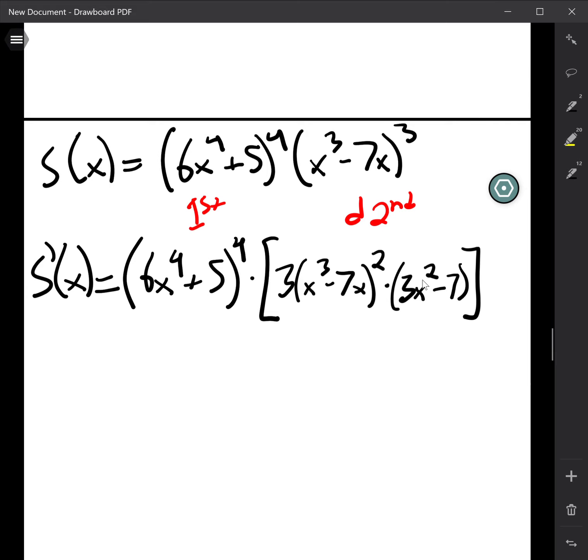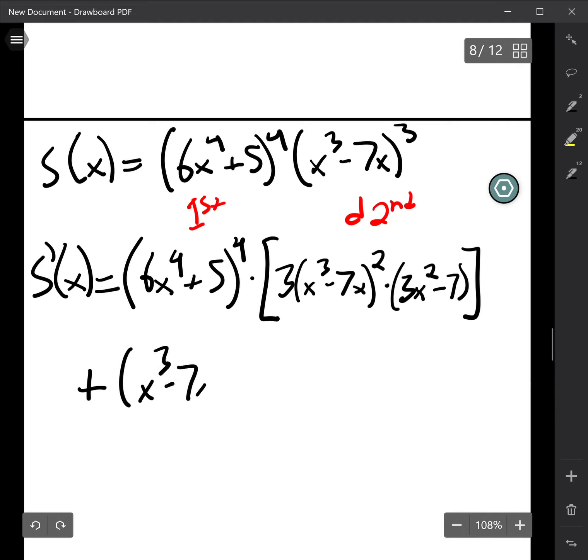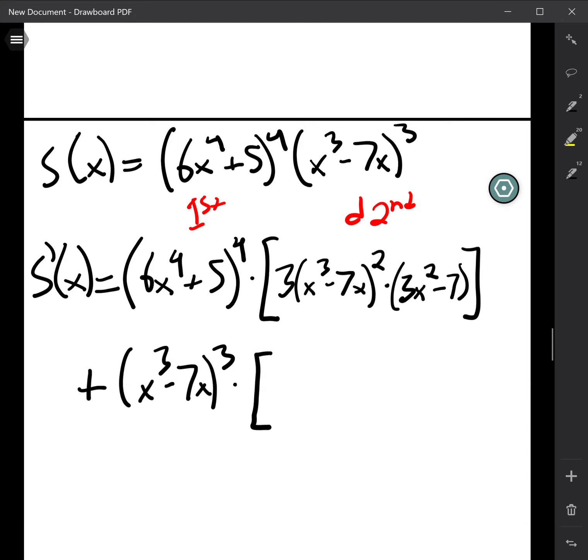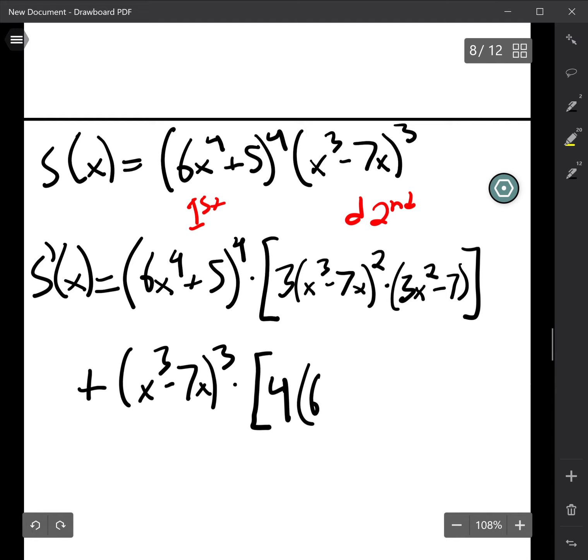Keep going, we're doing a product rule. First d second plus second, x cubed minus 7x cubed, times d first. Hey, when we do d first, oh crap, that needs another chain rule. Well, not a problem, let's do our chain rule. Derivative of the outside is 4 times 6x to the fourth plus 5, raised to the third power, times the derivative of the inside.